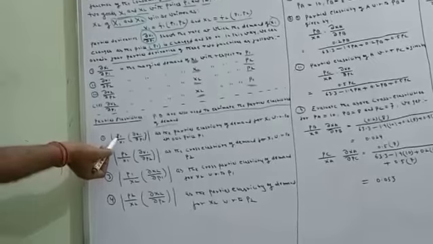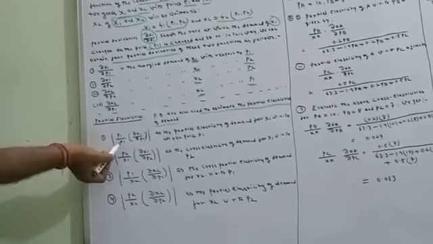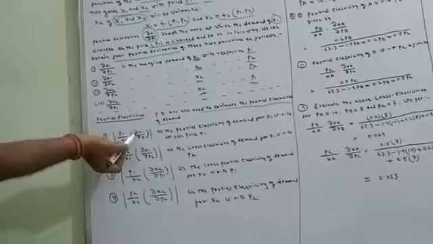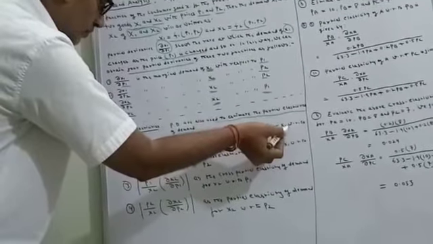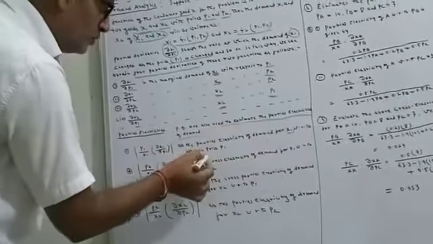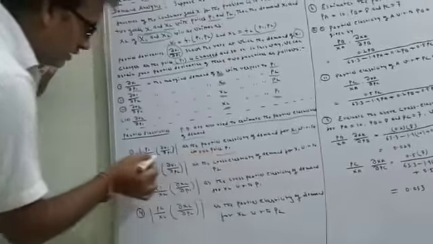By definition we know that p1 by x1 del x1 by del p1 is the partial elasticity of demand for x1 with respect to its own price p1 here.